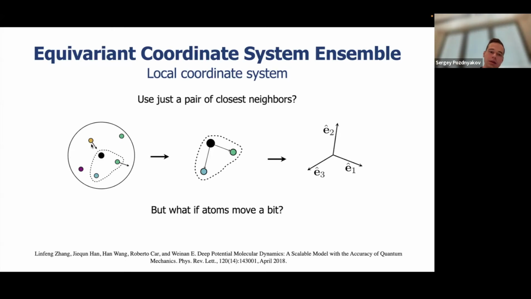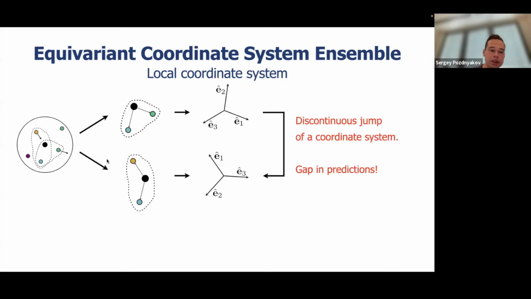At some moment, the distance between the central atom and the yellow one will become smaller compared to the distance between the central atom and the green one. So when this happens, there will be a discontinuous switch from a coordinate system defined by blue and green neighbors to a coordinate system defined by blue and yellow atoms. And this moment will introduce a gap in predictions.